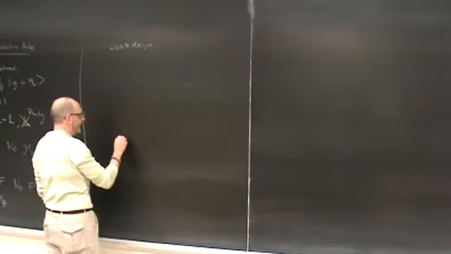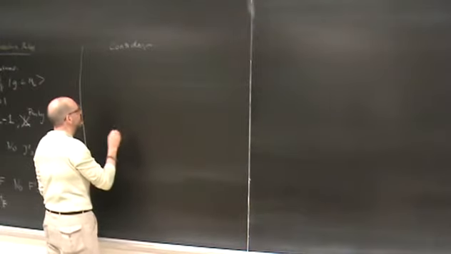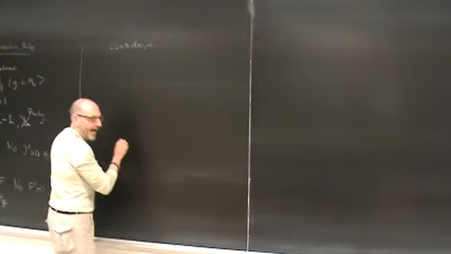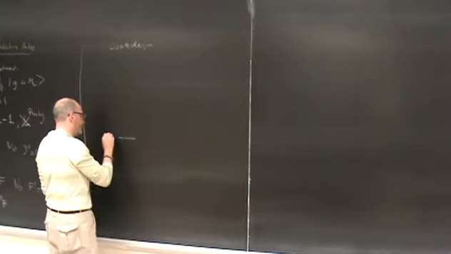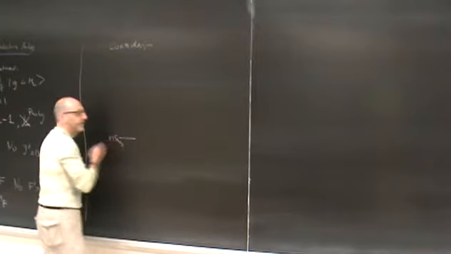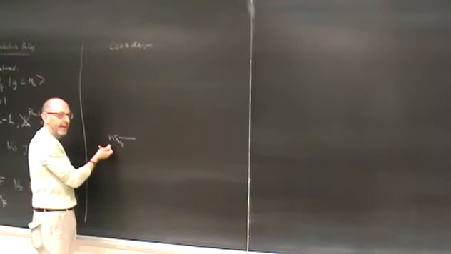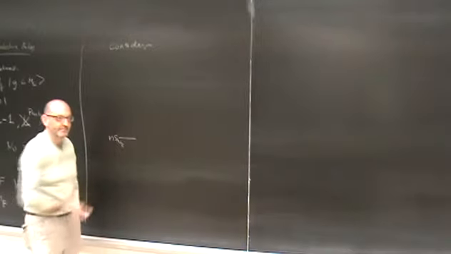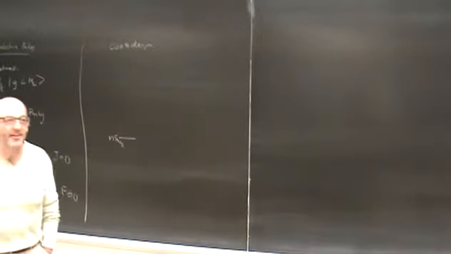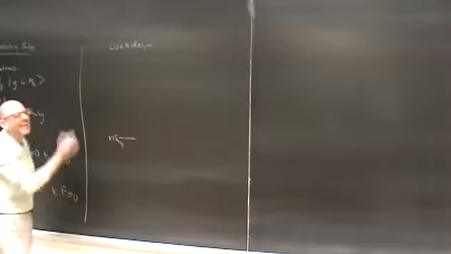Let me draw the spectrum of something like an alkali atom. It has some nS, this is the ground state, right? For hydrogen, this is the 1s 1/2. For lithium, this is the 2s 1/2. For sodium, it's the 3s. Potassium, 4s. Rubidium, 5s. Cesium, 6s.